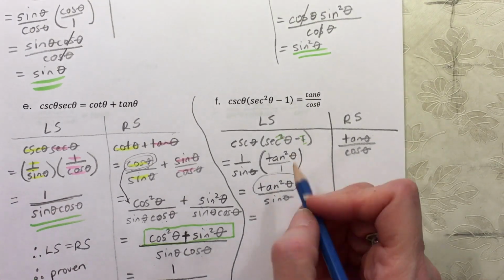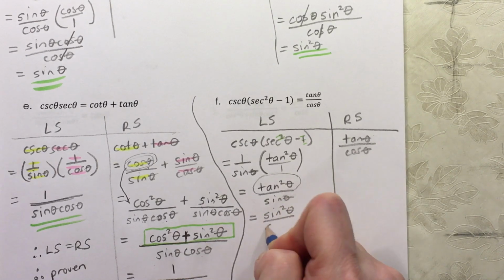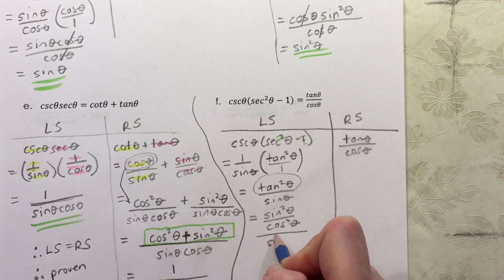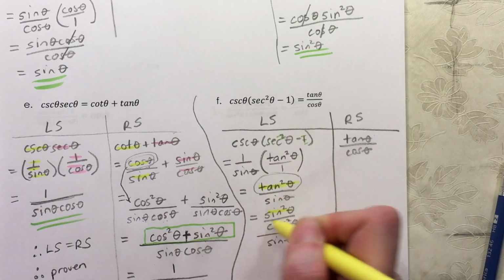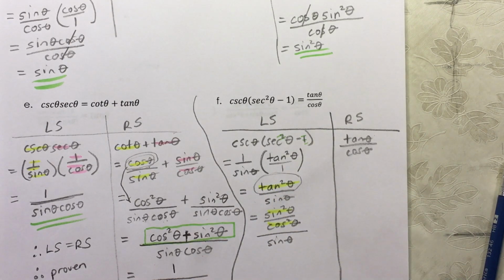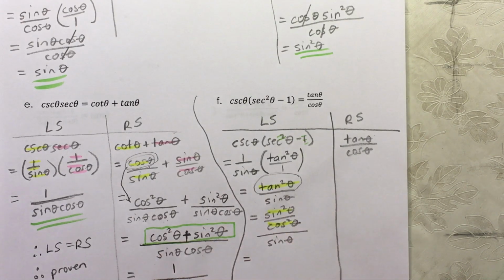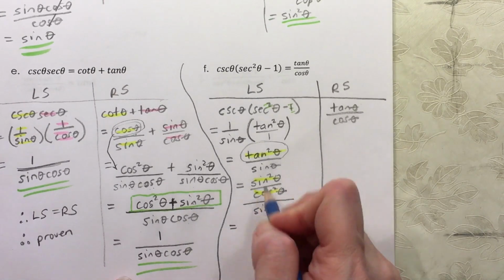So I can rewrite tan squared theta as sine squared theta over cos squared theta. That's over sine theta. So this tan squared is the same as sine squared over cos squared. And then we're dividing, which means multiplying by the reciprocal.